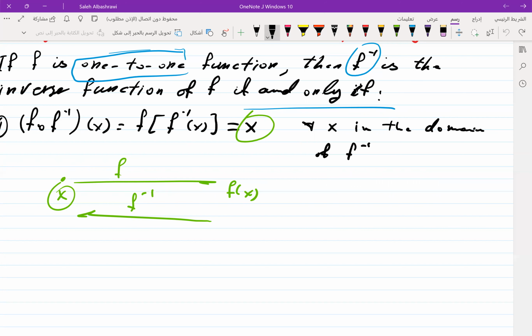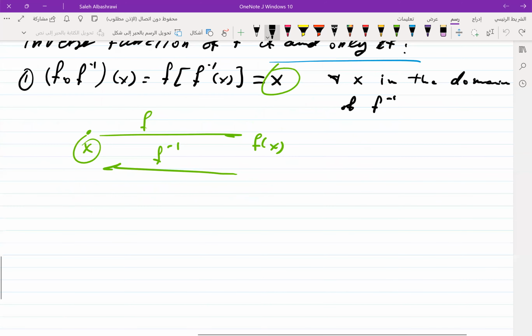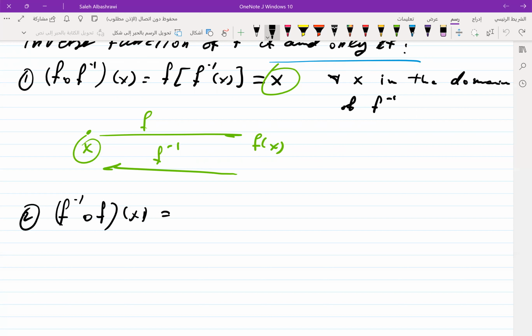Second condition, if we reverse the composition: f inverse composite f of x, which is equal to f inverse of f of x, equals x.